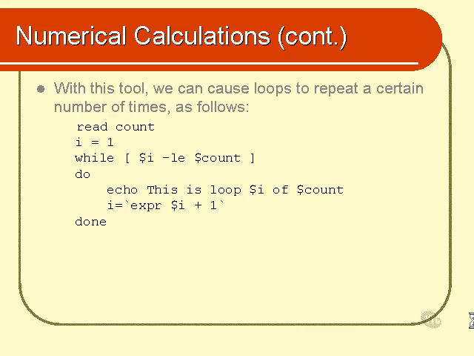We have to enclose the lot inside back quotes, and then we assign that using no spaces around the equal sign to the value I. That might look like a complex way of doing a very simple thing, but that's exactly what we have to do in the shell if we want to loop a certain number of times. For those experienced programmers amongst you, you'd probably be used to using a for loop to achieve this effect, but in the shell the for loop is actually used for a completely different purpose, which we'll see next.